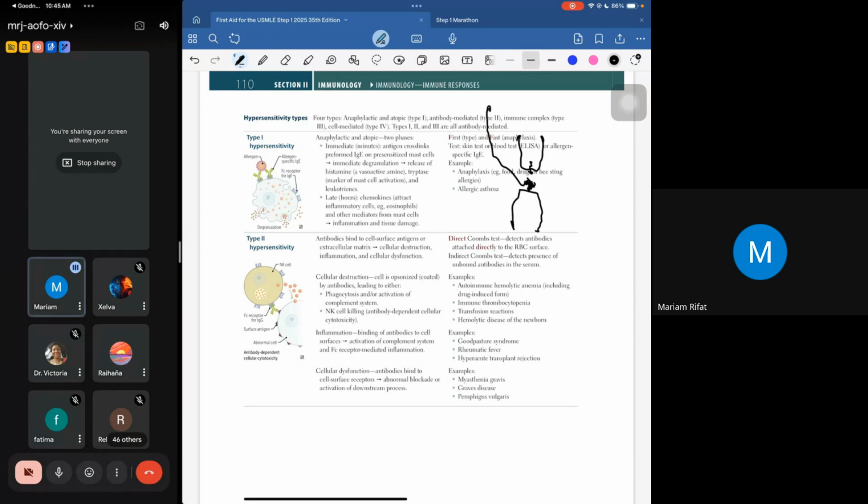This happens because of molecular mimicry. So first of all, you have a streptococcus infection, right? You have a sore throat. And after the sore throat, you're going to form antibodies, right? These antibodies are not going to act only on the streptococcus.